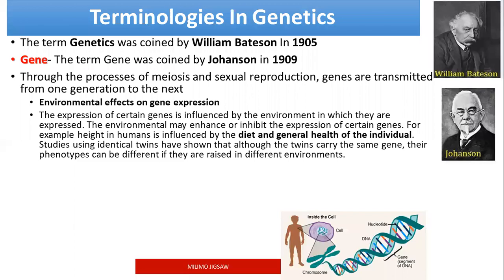So it's an issue of nature versus nurture. The expression of certain genes is influenced by the environment in which they are expressed. Depending on the environment that an organism or a person develops in, the environment is going to influence the expression of certain genes. So they can either enhance or inhibit those genes.